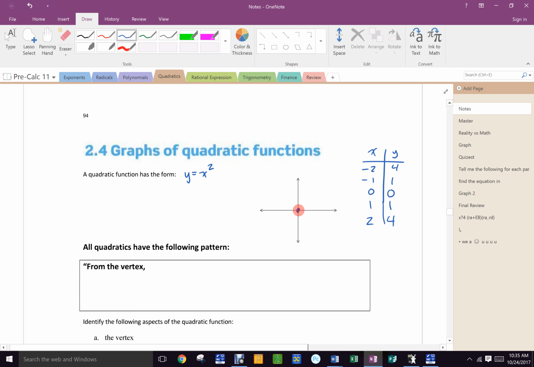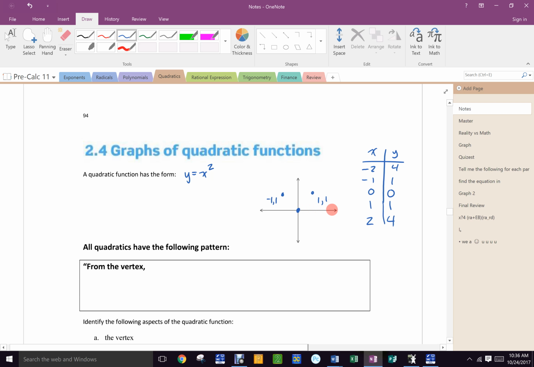The next point is at negative 1, and I'm going to come way out here and go up 1. Is everybody cool with that? That is negative 1, 1. Yeah? And then I have another point here at 1, 1. What's the next point?